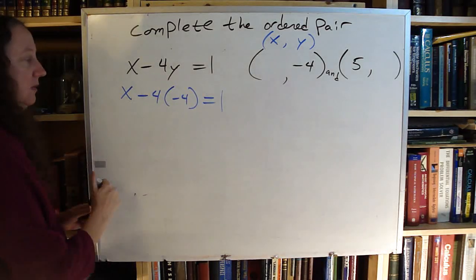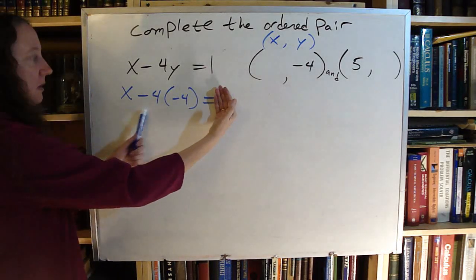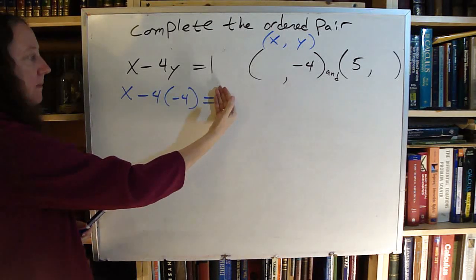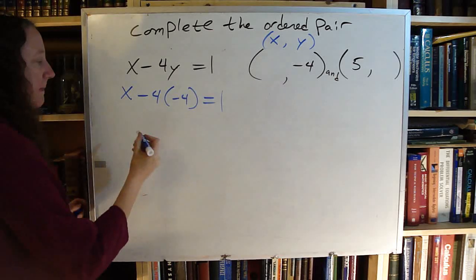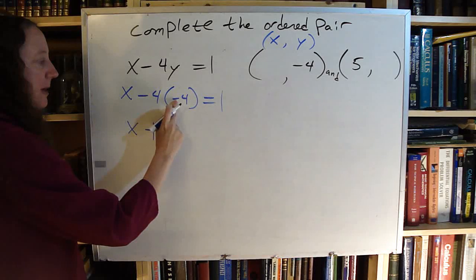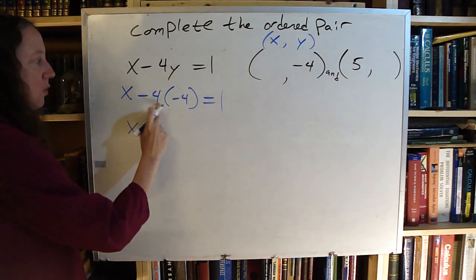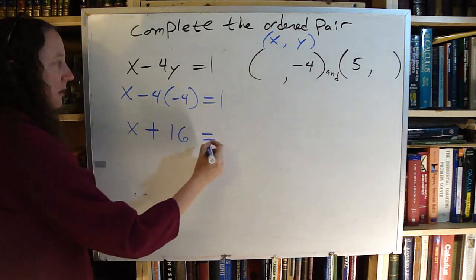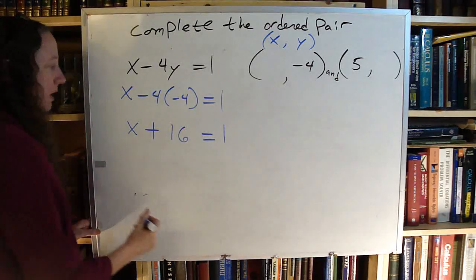Order of operations. Combine negative 4 times negative 4. Minus times minus is plus. 4 times 4, 16. Carry down my equals, carry down the 1.